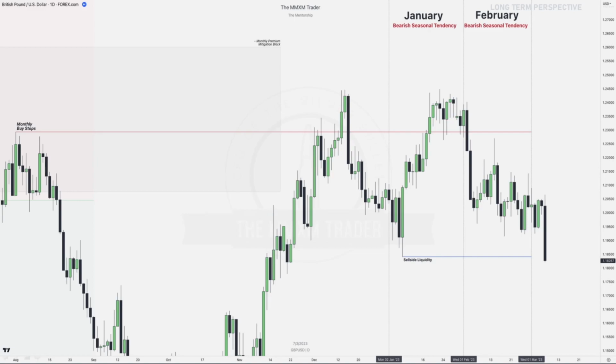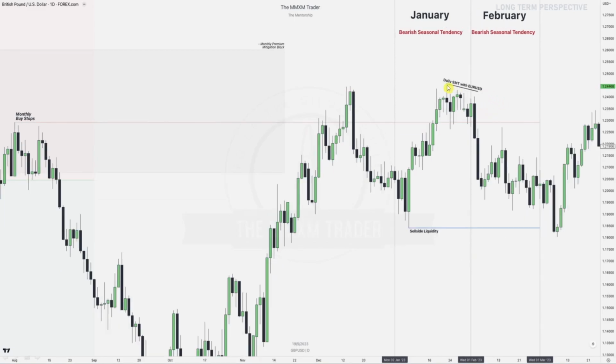Now, if you're unfamiliar with SMT, it is when, let's say, these highs are not getting raided, and on DXY the lows are getting raided and then it continues to move up. This is considered SMT. So over here we got daily SMT with the Euro USD.